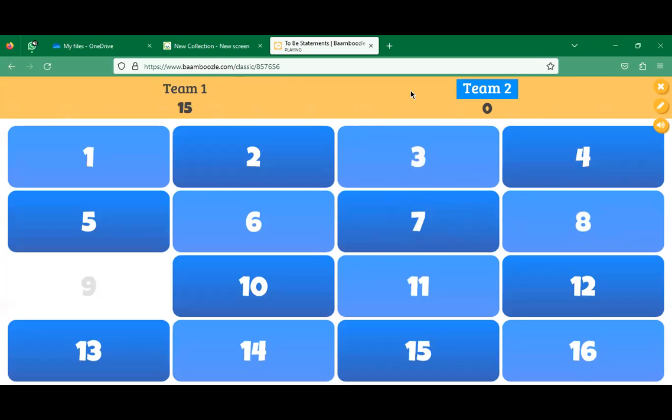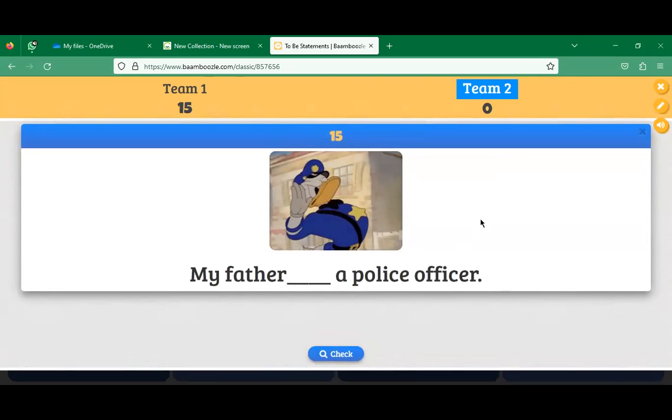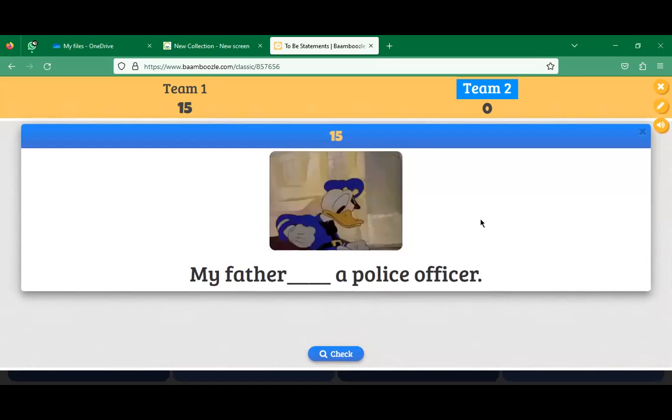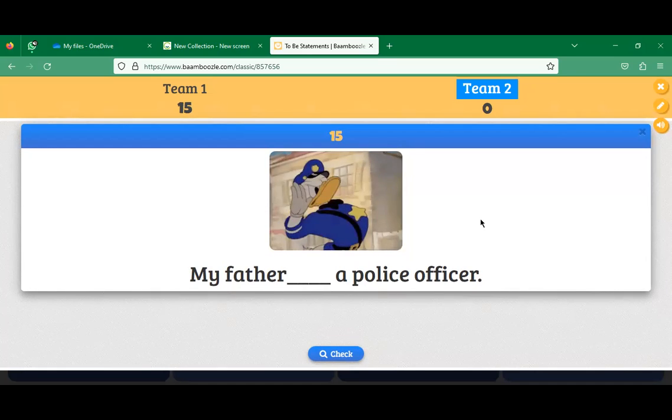Next one. Six. Okay, 11. What about this one? My father is a police officer.